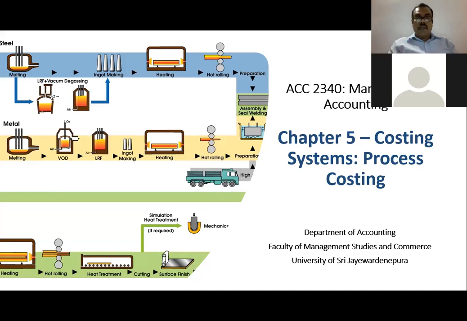In all production there can be a process. But when we talk about process costing, or ascertainment of costs of a process, it implies that the production goes through several processes, at least more than one process. Otherwise, we need not deploy the process costing method.